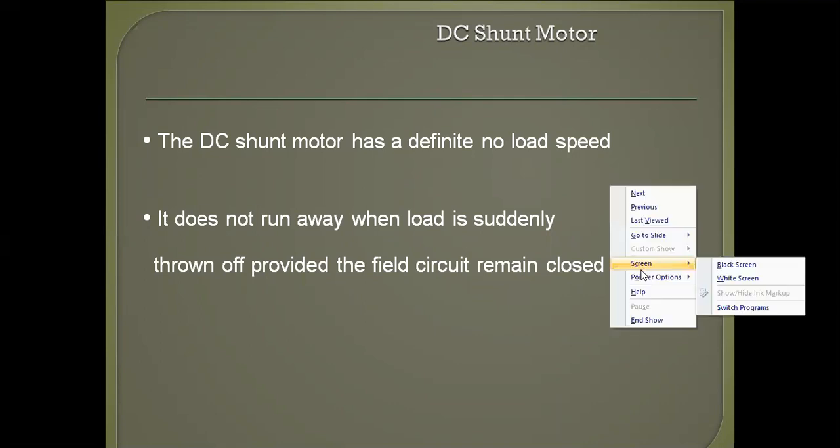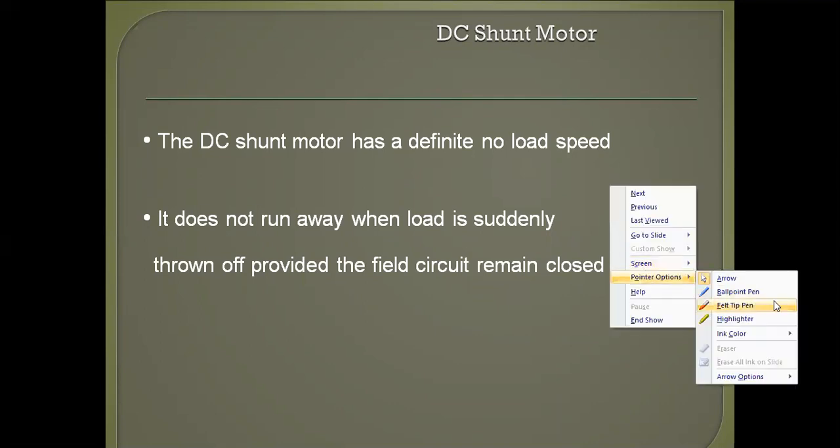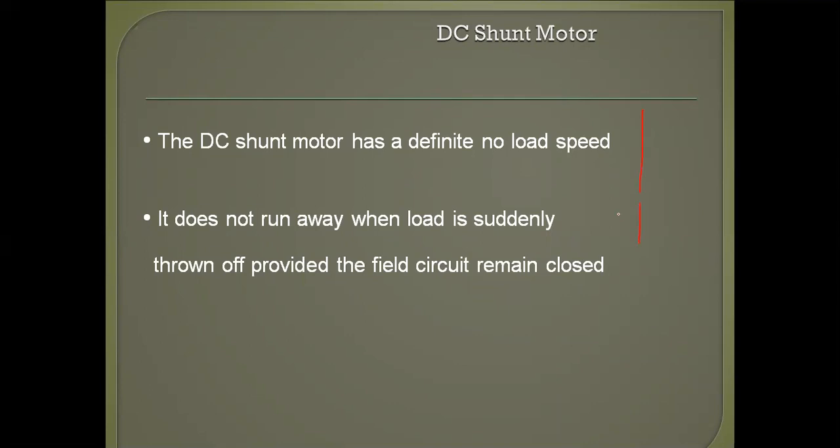We already know the speed characteristics; this is theoretical and this is practical. When there is load, this is the speed, and when there is no load, this is the speed.